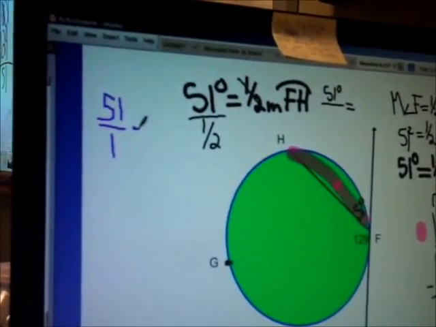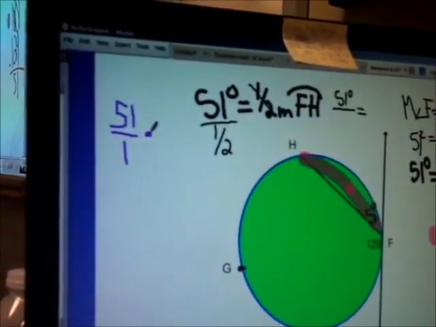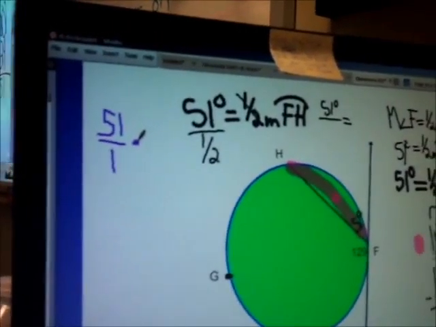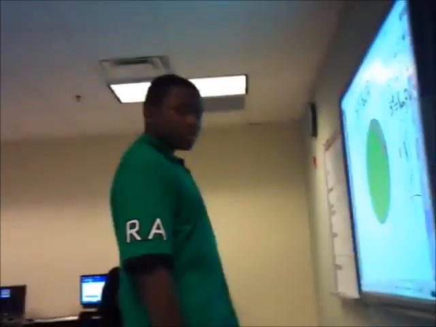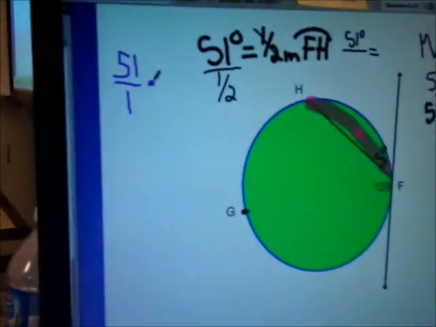Times, is it starting to sound familiar? Times what? Is it times 1/2? What is the reciprocal of 1/2? The reciprocal is when you just flip your fraction over. Right, it's going to be 2 over 1.